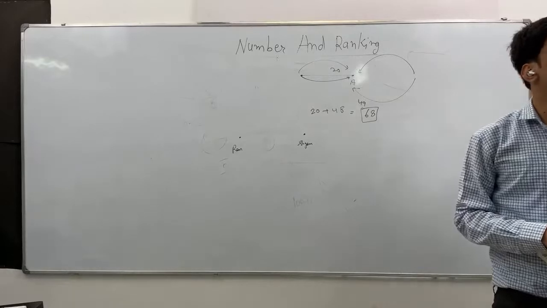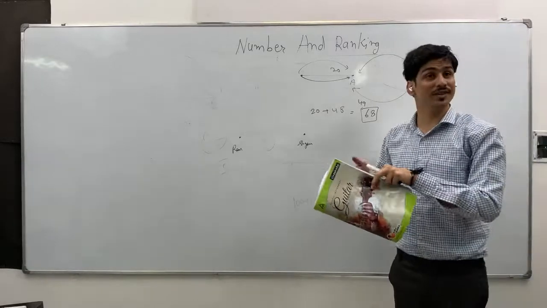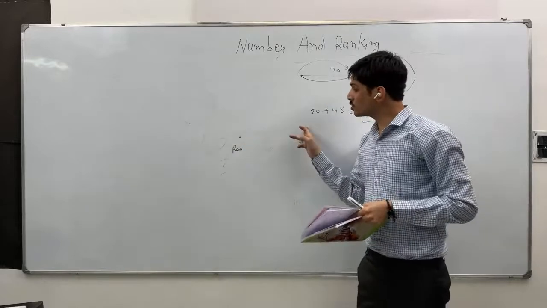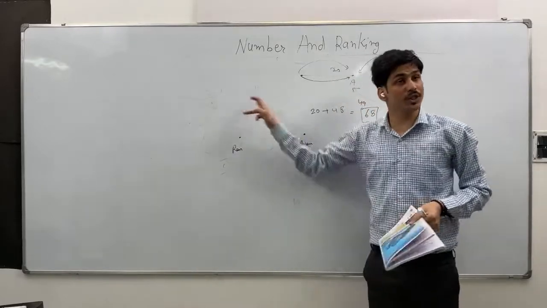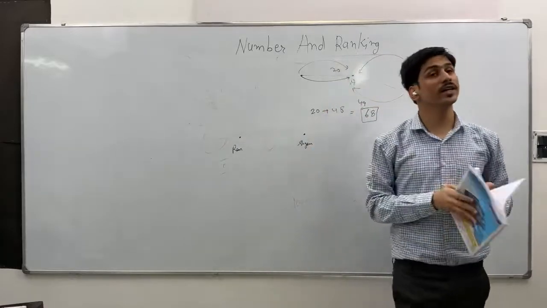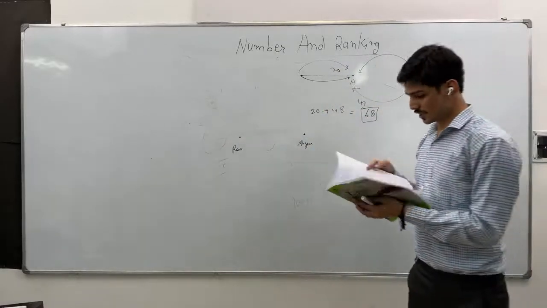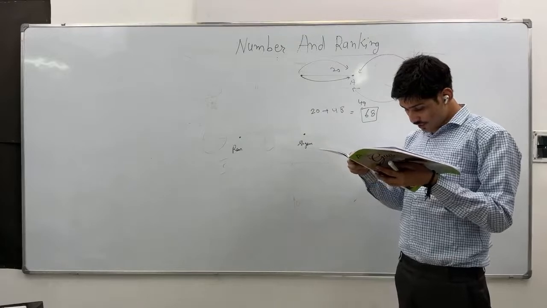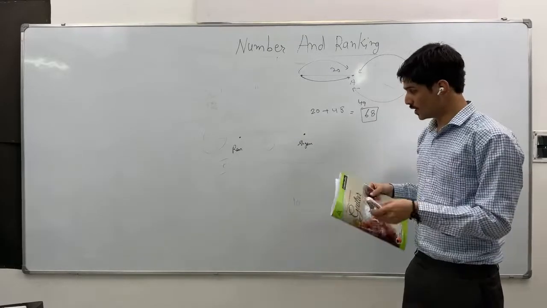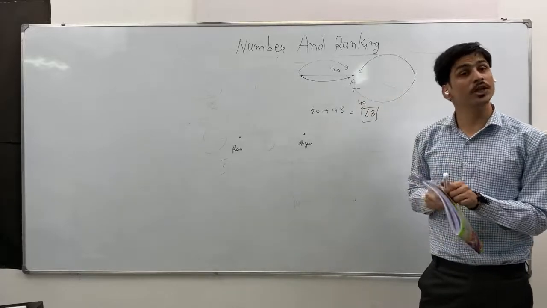First of all, tell me how many students are there between Syam and Ram? 10. Because Ram is 11th, right? Ram has to cross 10 students to reach his position, so 10 students are there. First condition clear. Next they are telling Syam is 15th from the left end.